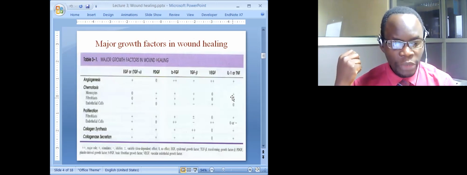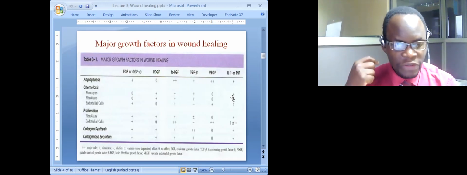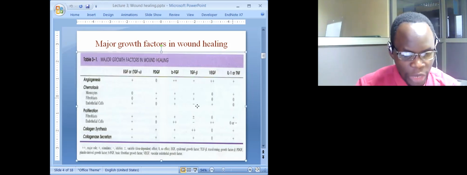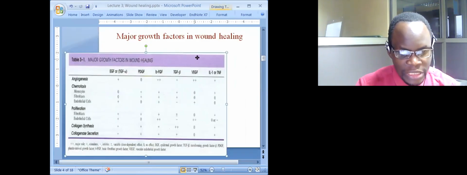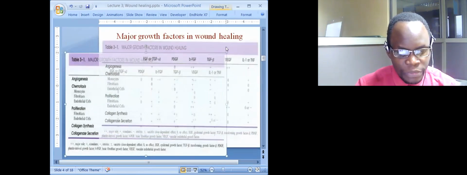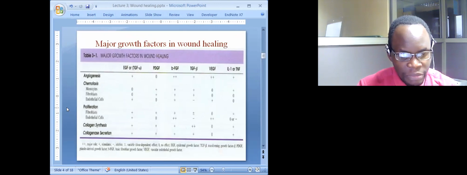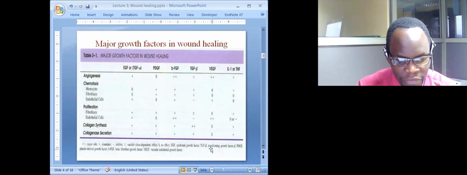For angiogenesis, we have growth factors like epidermal growth factor, what we call EGF, and then we have transforming growth factor, which is TGF, and then we have things like platelet-derived growth factor.